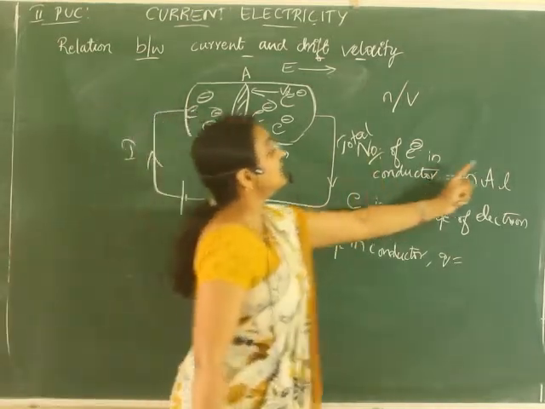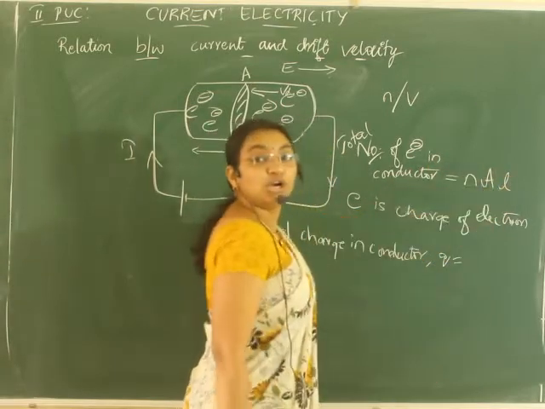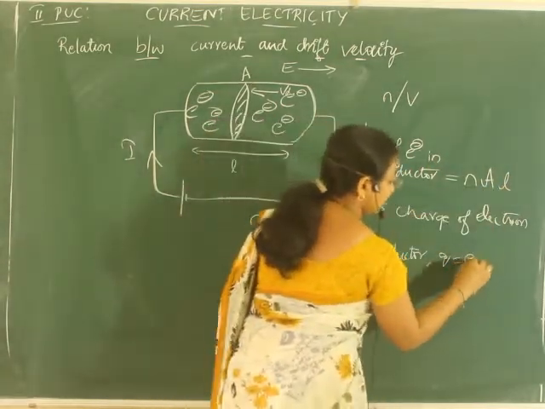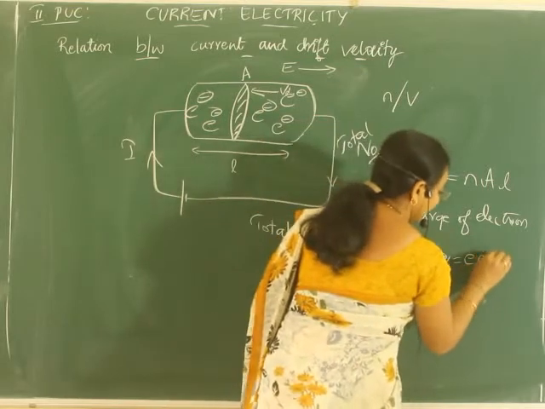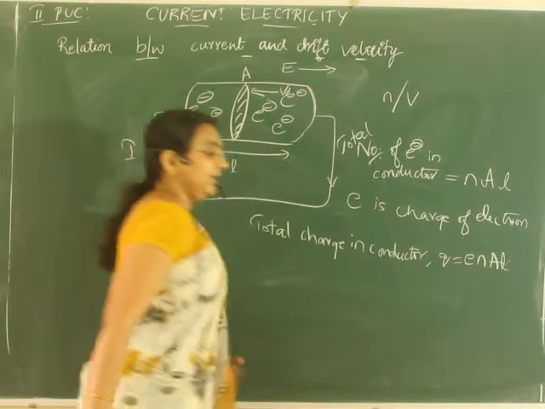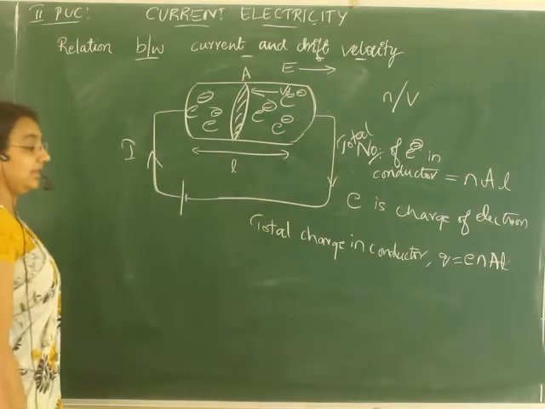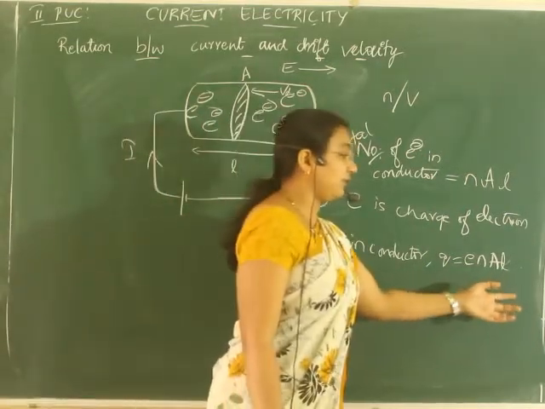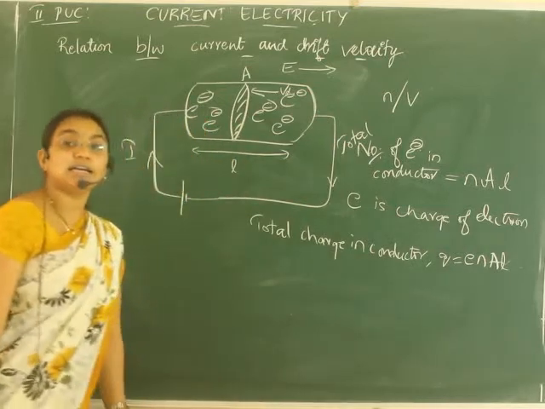For this many number of electrons, total charge is e into nAL, correct? enAL, correct? This is the total charge present in the conductor.